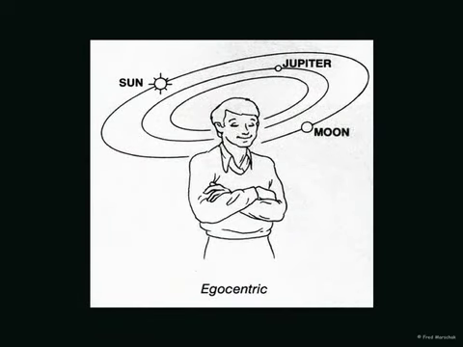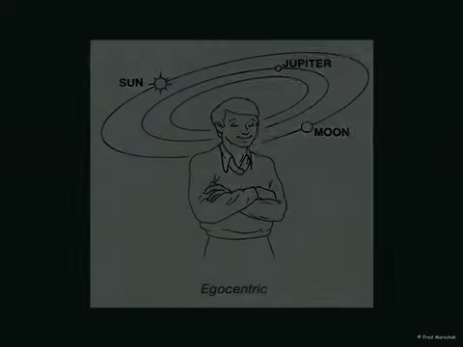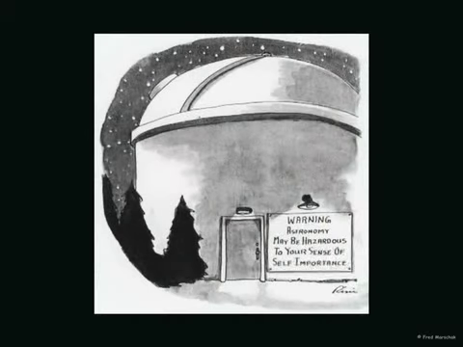This is the way most of us go through our lives. We're very egocentric. Everything revolves around us. Not only the sun, moon, and planets, but our lives are special, our friendships are special, and we're sort of the center of everything most of the time. Well, we're going to take you out of that realm a little bit and expand your universe.